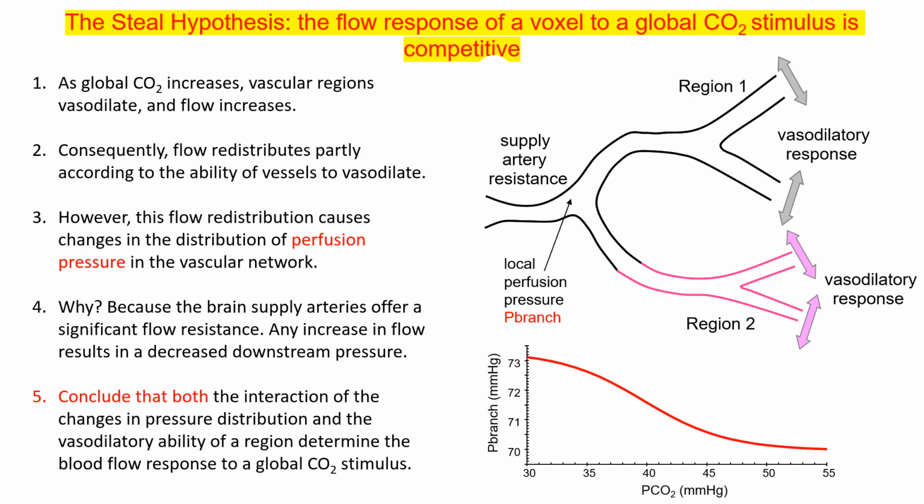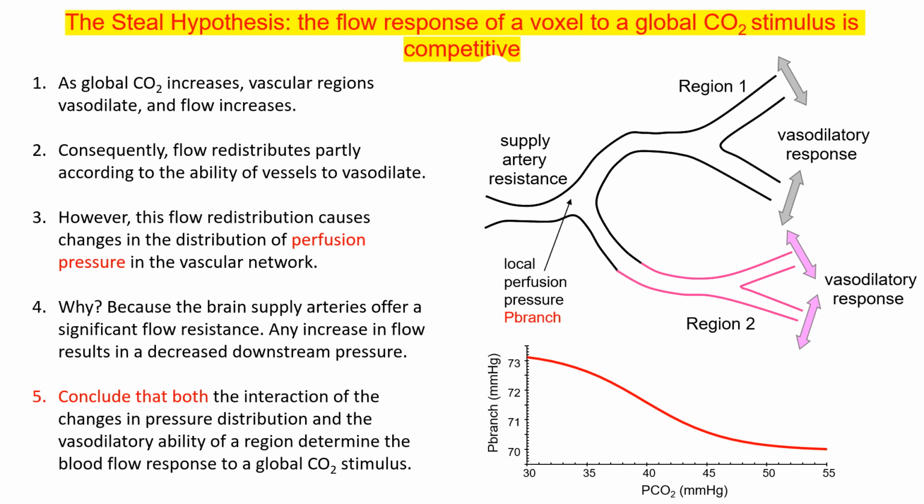Before continuing to show voxel-wise maps of CVR, it is important to understand that the carbon dioxide stimulus is applied to the whole brain vasculature, which is a distributed network, and its anatomic structure dictates regional interactions of perfusion pressures.